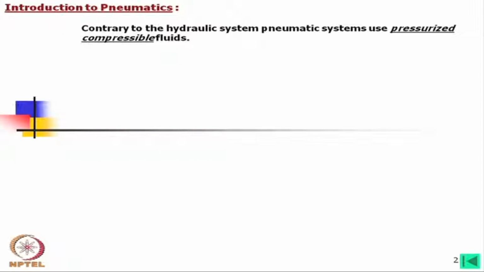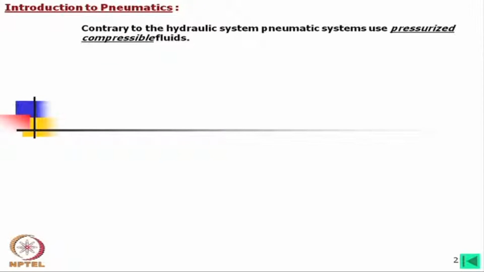Therefore, particularly with a closed circuit, there is no change in pressure once the fluid is trapped. Of course, that depends on the load we are moving.